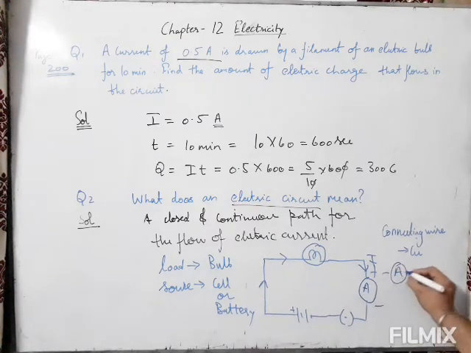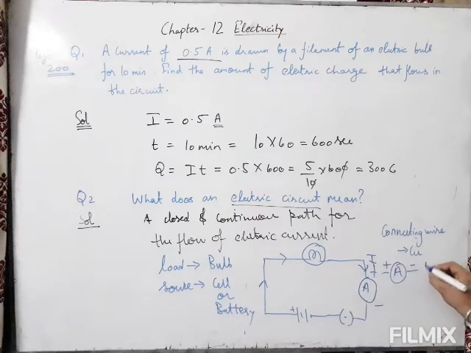Ammeter to measure current. So this schematic diagram is basically an electric circuit, a closed and continuous path for the flow of electric current, in short.